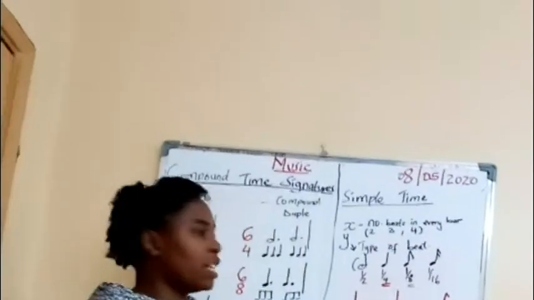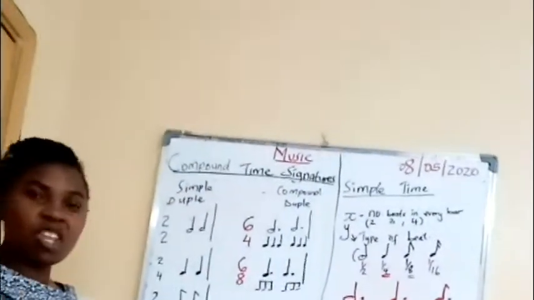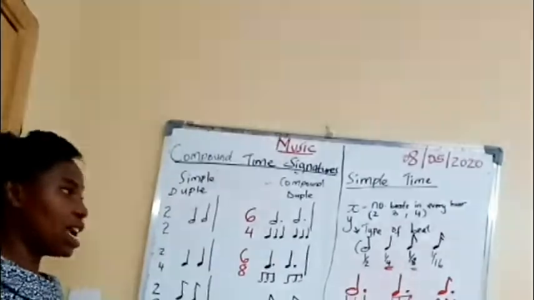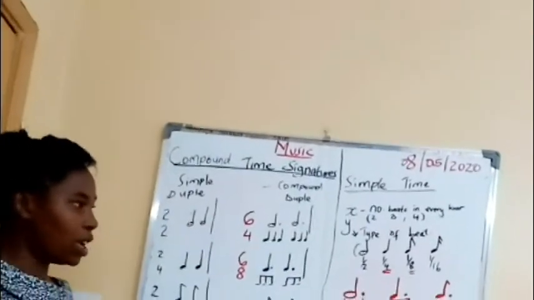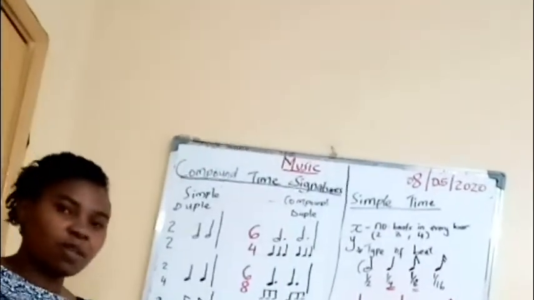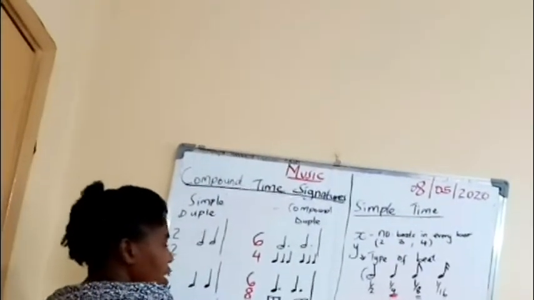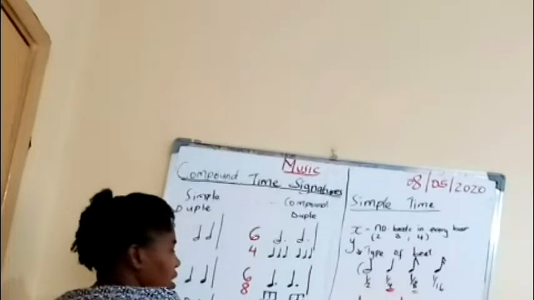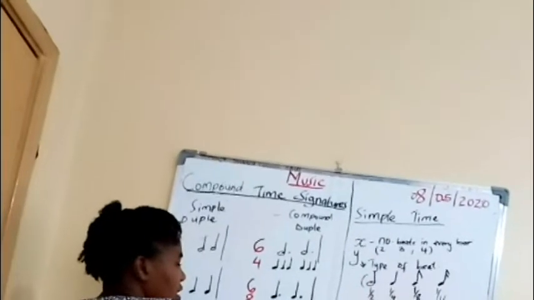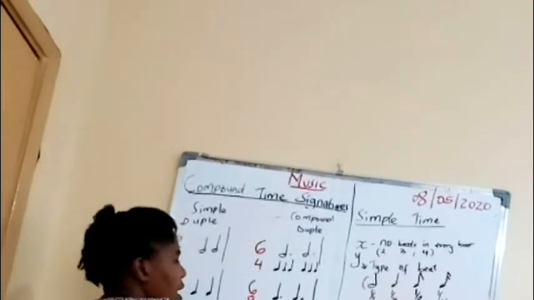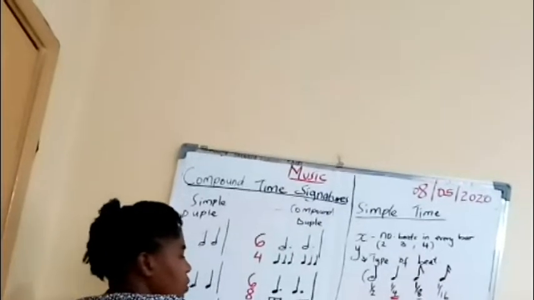So a dotted quaver has 3 semiquavers. Now, so these are 3 semiquavers. One hook, the second hook, and this is another semiquaver.